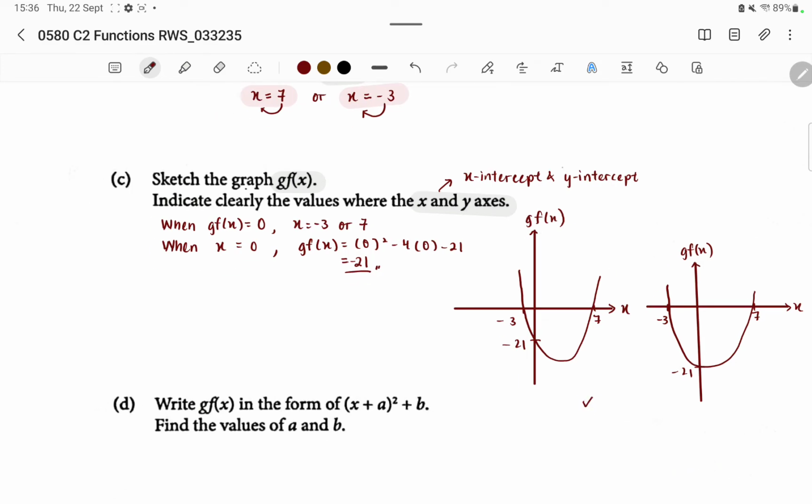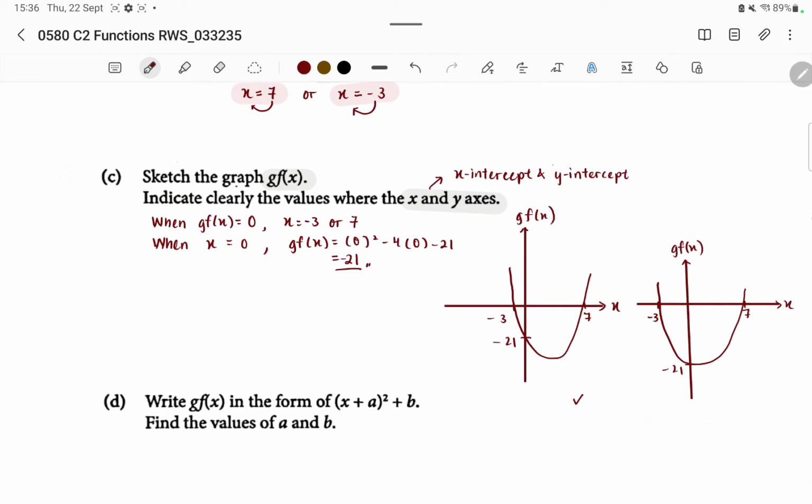Actually if you draw this also you already get full marks. So let's look at D.